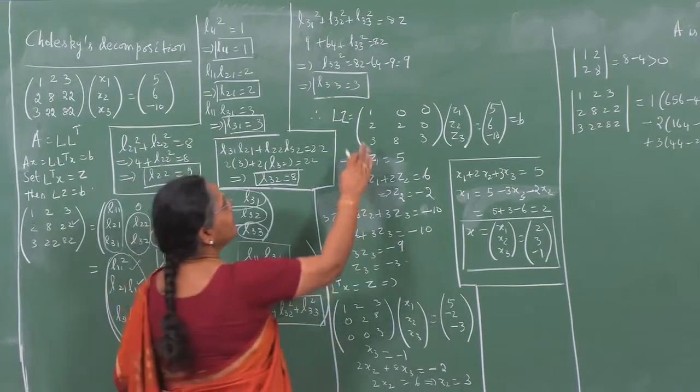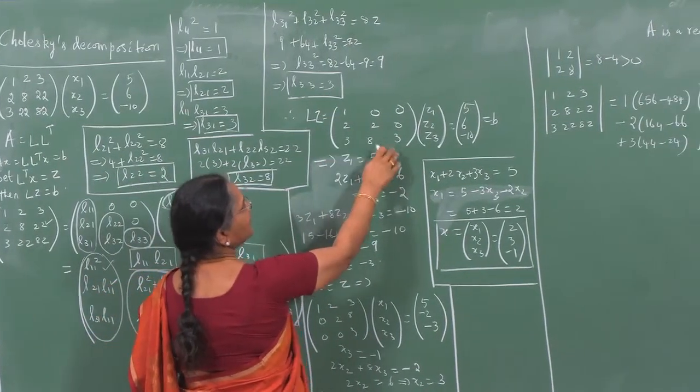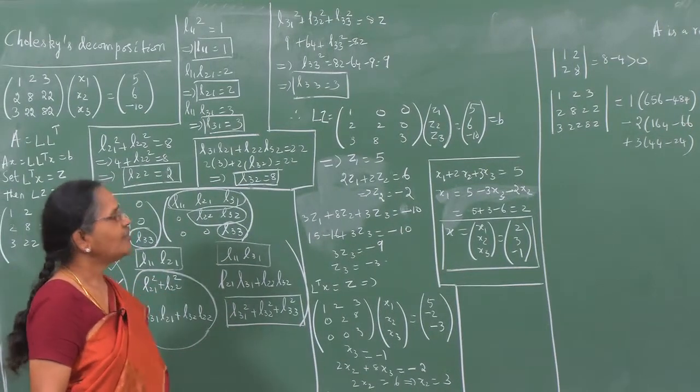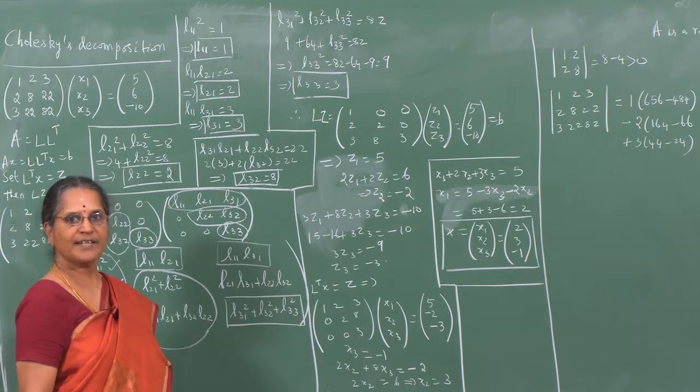So, when we have a lower triangular coefficient matrix in a system of equations, then we make use of forward substitution and obtain the solution.